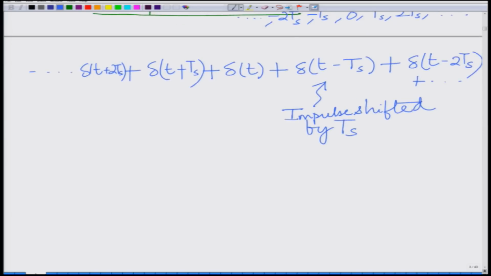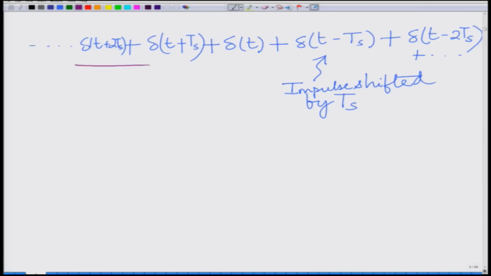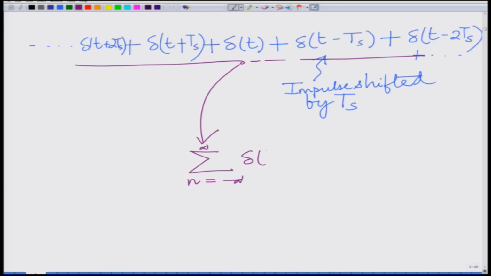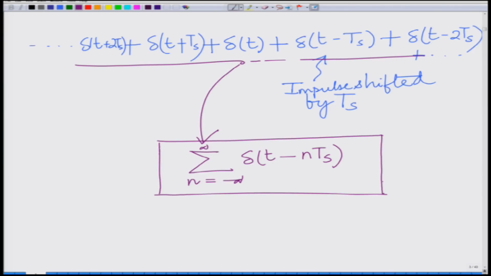And therefore, this train of impulses can be represented as the summation n equal to minus infinity to infinity of delta t minus n Ts. This is basically your impulse train, that is, one impulse at every multiple of Ts: at 0, Ts, 2 Ts, and so on, and at minus Ts, minus 2 Ts, and so on.